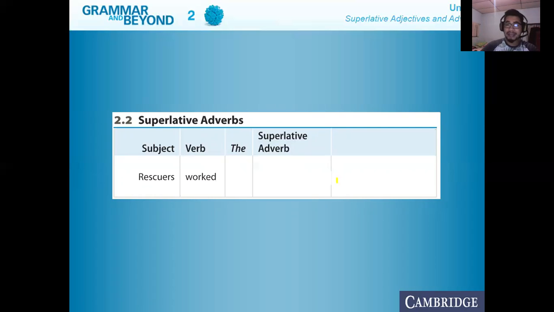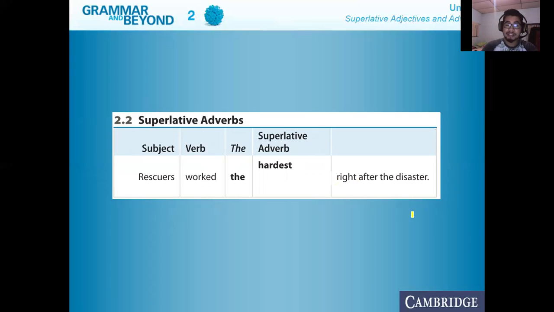As well, we can use any verb, either present, past, or future. All that, remember, is important: superlative adverb. Rescuers worked the hardest. Nobody worked as hard as them because they were over there moving all the debris, rescuing people, and working here and there. Therefore, nobody else worked as hard as they did.